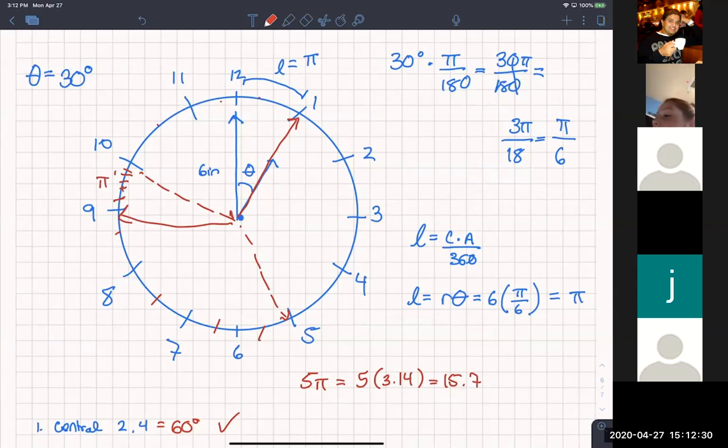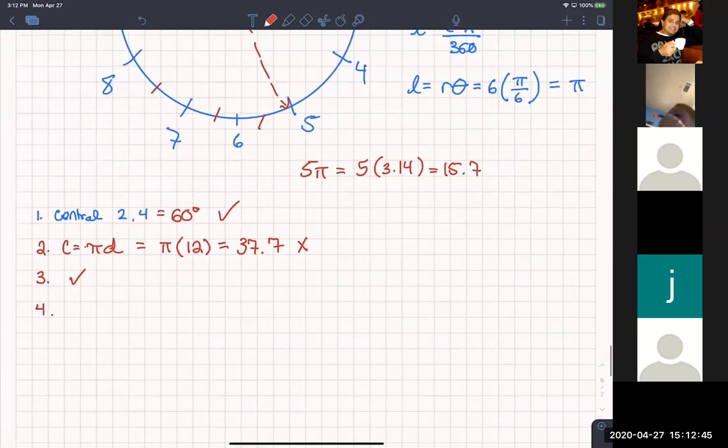I already know that's not right. What did they say the minor arc was? 150. So is it right? No, it's not. The last one doesn't give a specific number.